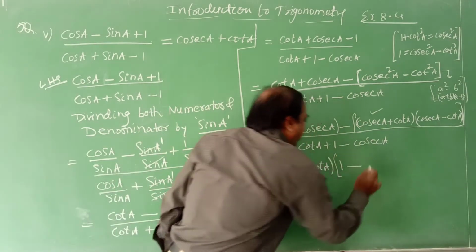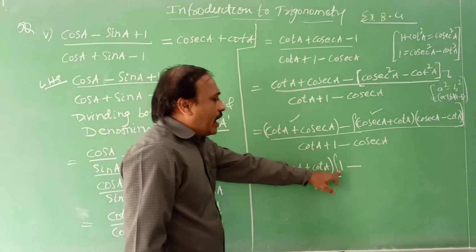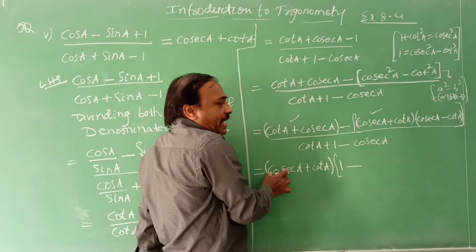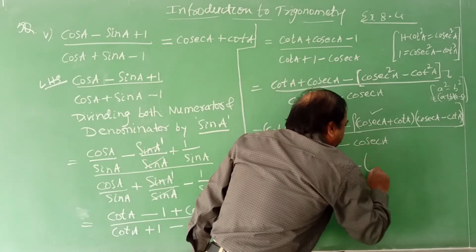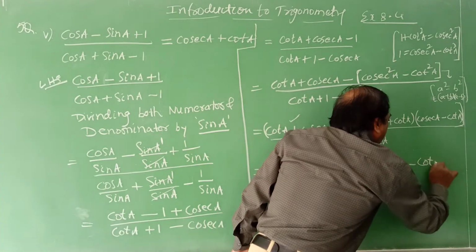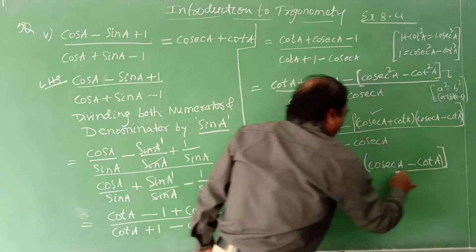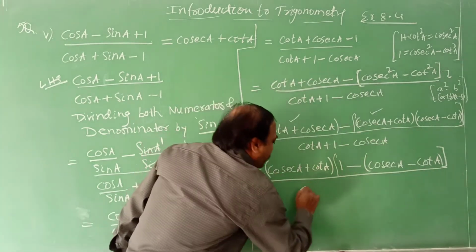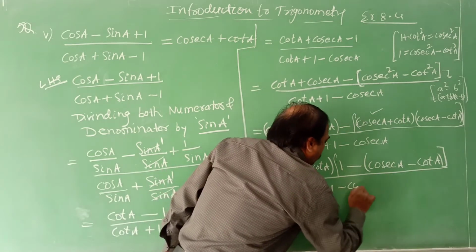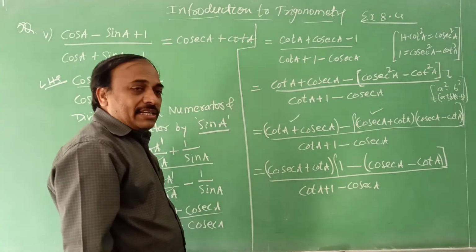So we have 1 minus, and the leftover is cosecant A minus cot A, by cot A plus 1 minus cosecant A.